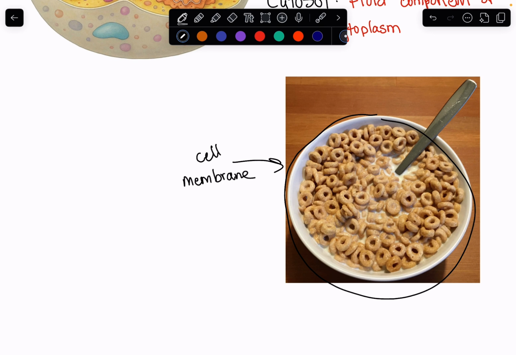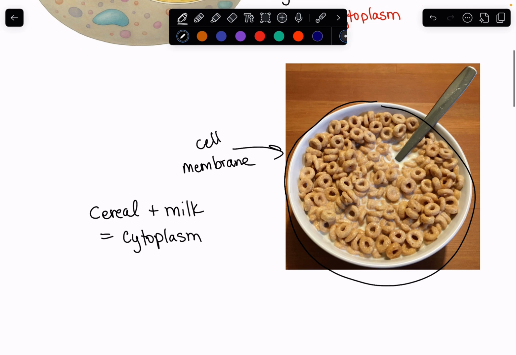And now within the bowl, we have our cereal and we have our milk. So the cereal and the milk are going to equal our cytoplasm. And our milk, which is the fluid portion, is going to equal the cytosol.